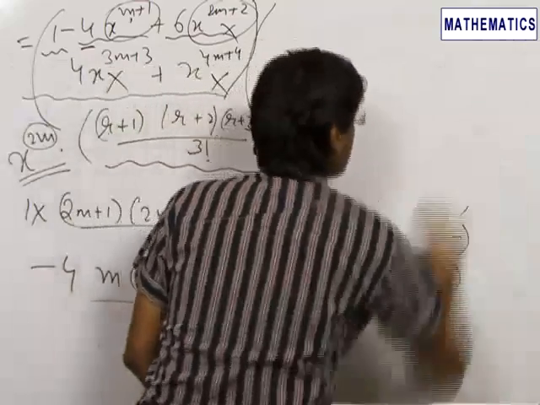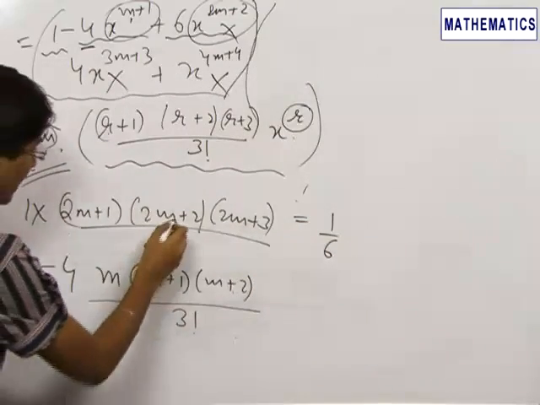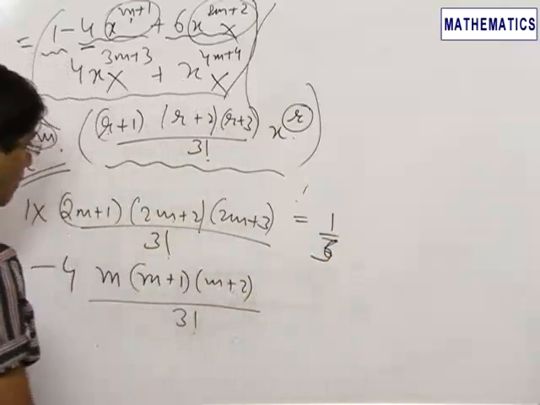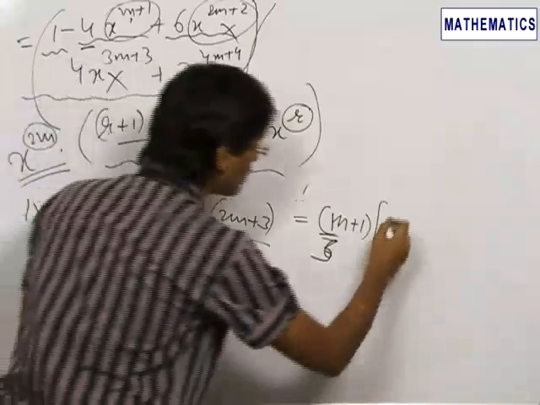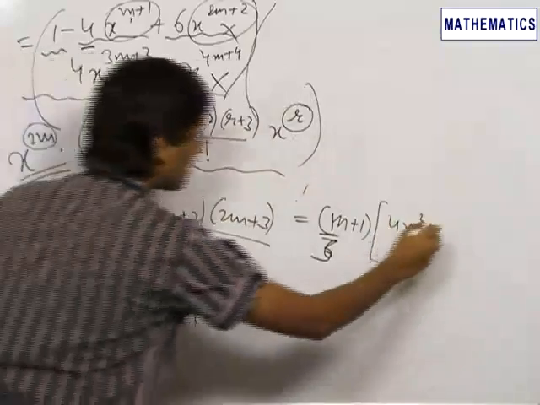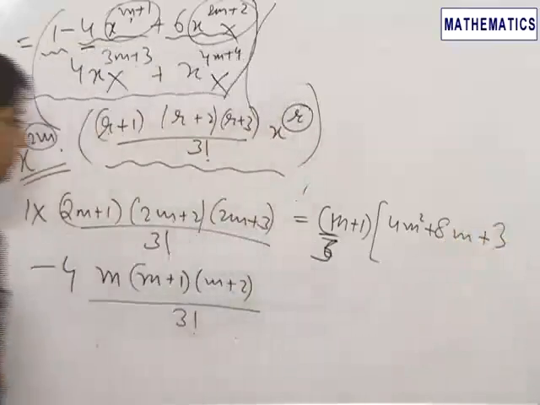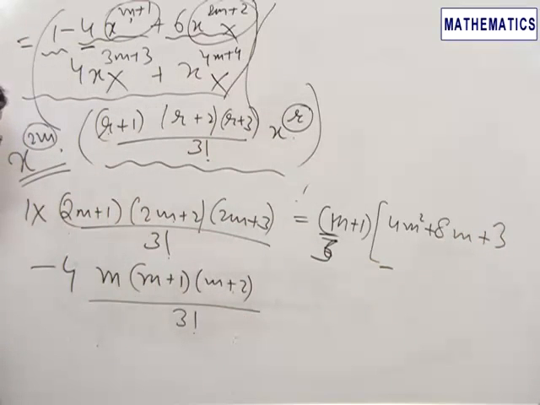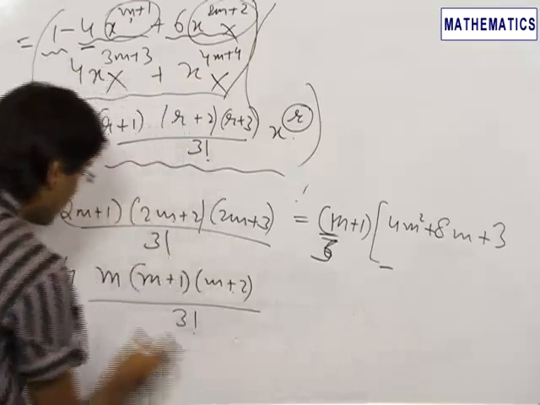We can simplify this thing. This is 6, so we can take a 6 common. We can also take a 2 common. So this becomes 2 into 1 by 6, which is 1 by 3. Taking m plus 1 common, this becomes (m plus 1) upon 3 into [(2m plus 1)(2m plus 3), which is 4m squared plus 8m plus 3, minus, as we took m plus 1 common and 2 was taken common from both things, we have 2 left over here, into (m plus 2).